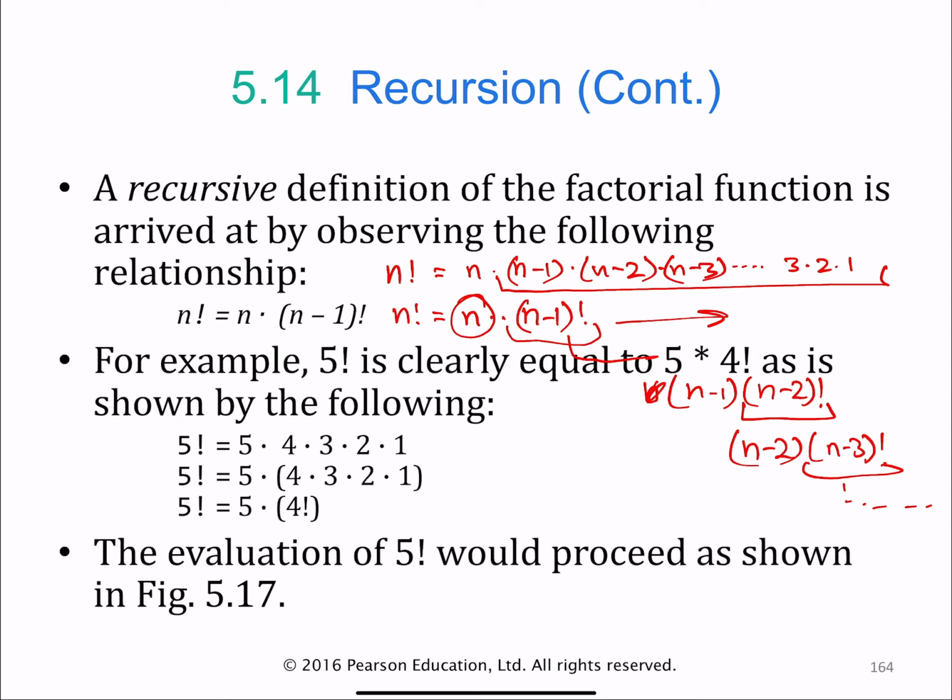So if I had a function that can compute the factorial, I might call that function for n to compute n factorial. And inside of that function, all I could do is just multiply n with the factorial of n minus 1. And where do I get the factorial of n minus 1?